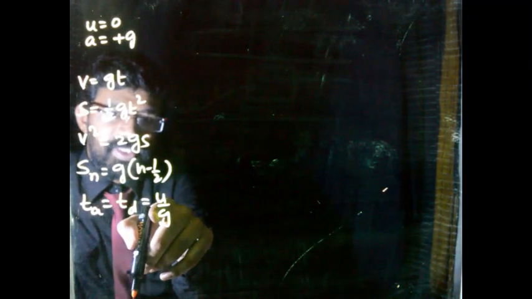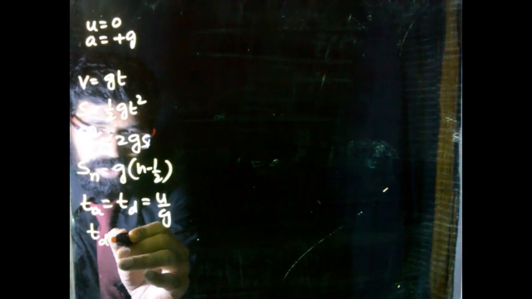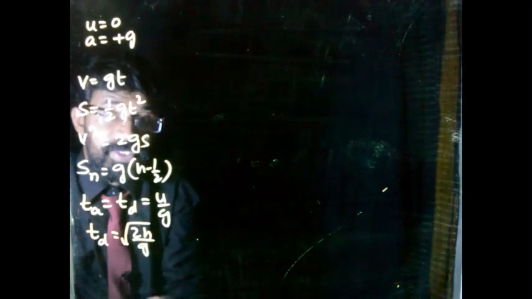Let us say the body has reached completely to the surface. In how much time it will reach the surface? It reaches the surface in a time equal to u by g, or in terms of h also we have written time of descent. What is that? Under root 2h by g, isn't it? I'm going to replace this t with this one because I'm dealing with velocity, finally the velocity acquired by the body just before hitting the surface.